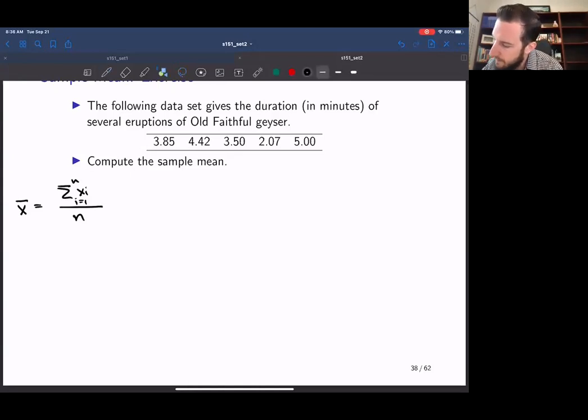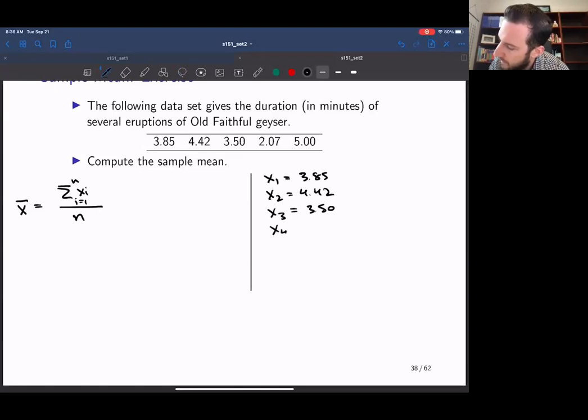Basically, what's happening here is we are assigning an x subscript i to each observation in the data set. So what we're saying is x1 is 3.85, x2 is equal to 4.42, x3 is equal to 3.50, x4 is equal to 2.07, x5 is equal to 5.00.